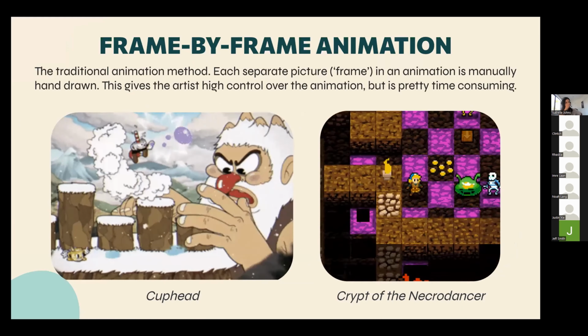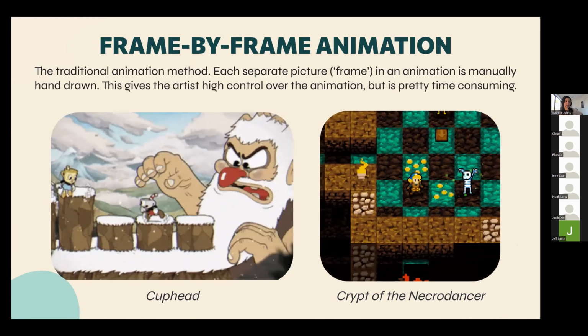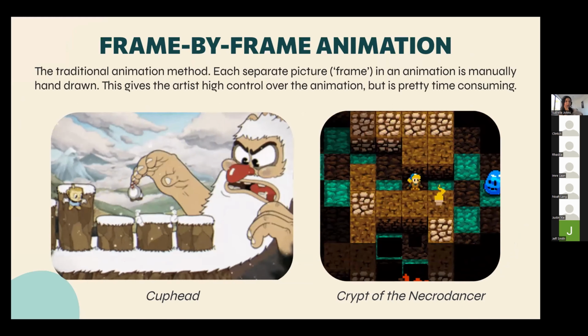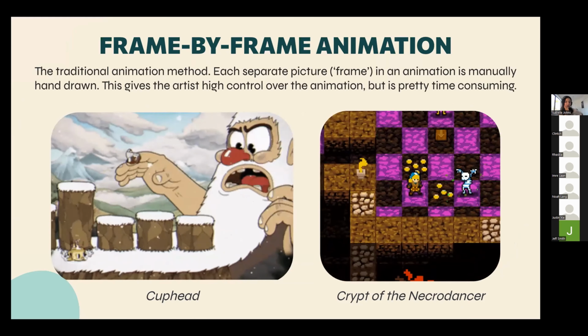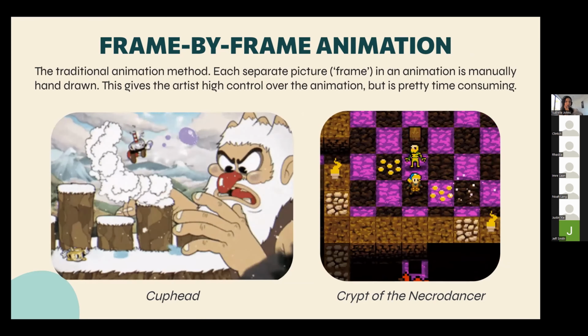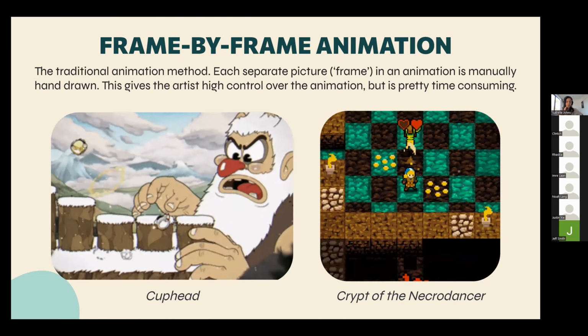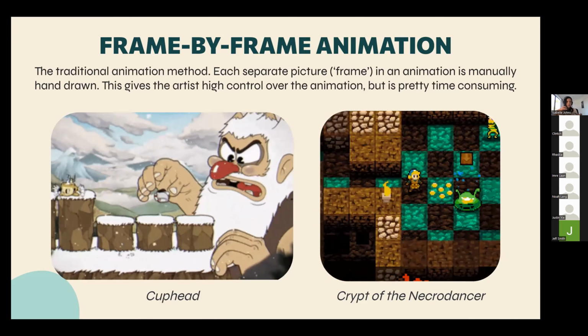So there's a few examples of frame by frame animation here. The benefit of frame by frame animation is that you tend to have a lot more control over how your character looks and moves, and you can do a lot more specialized things by really deciding how you want your character to look in every single frame.